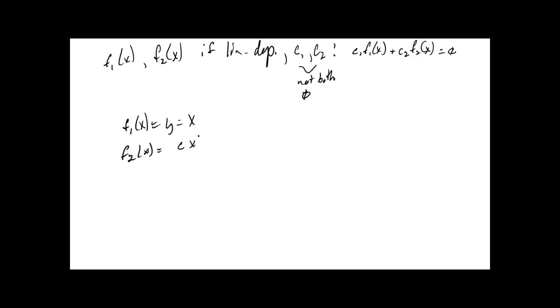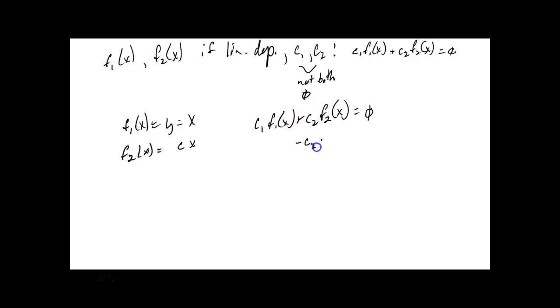Another way we could say this, if c1 f1 of x plus c2 f2 of x equals 0, okay, then let's solve for f1.